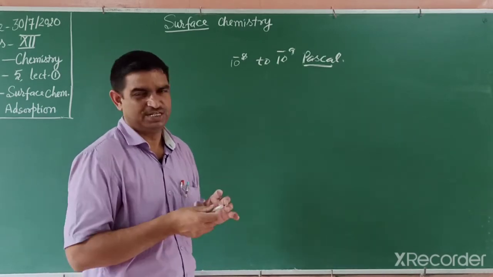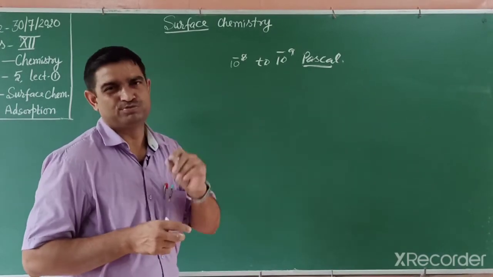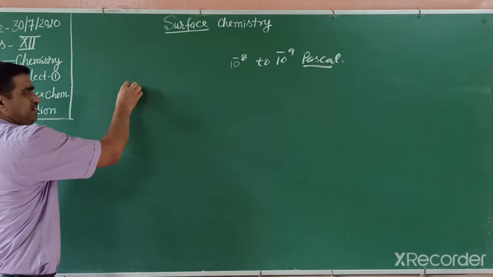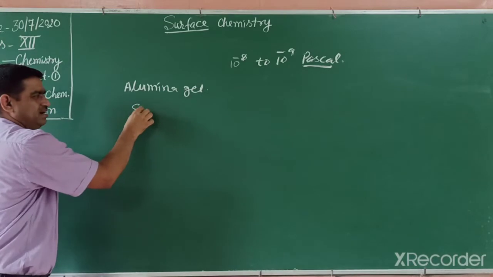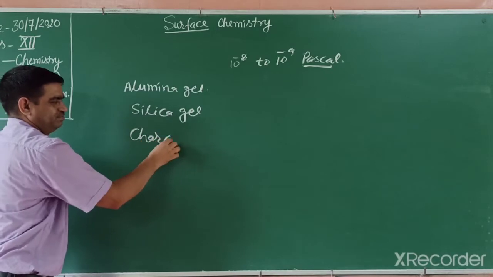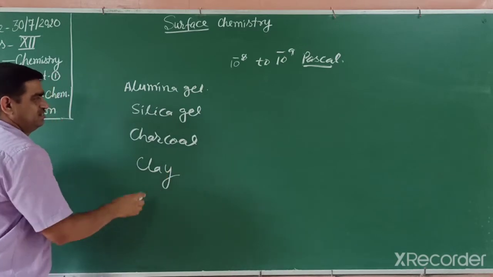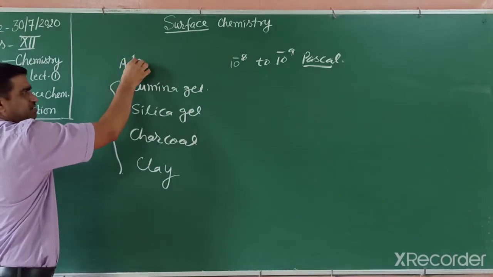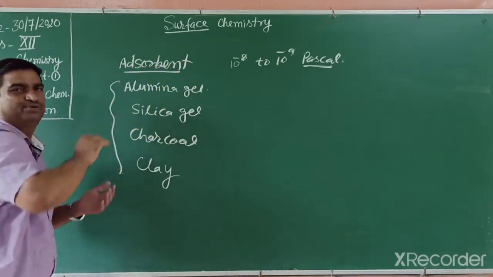So alumina gel, silica gel, charcoal, and clay and colloids are good adsorbents, meaning molecules occupy their surface.